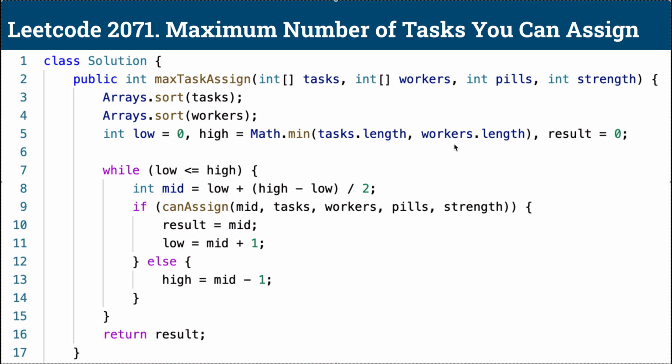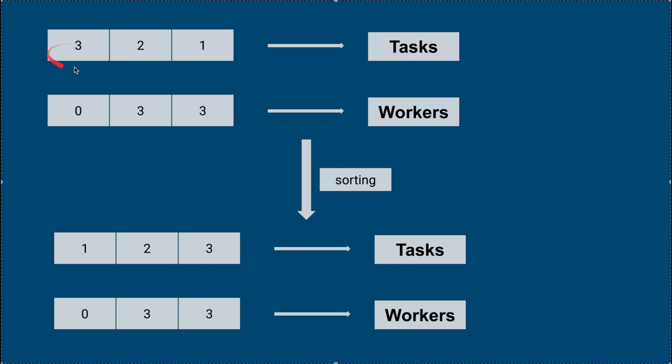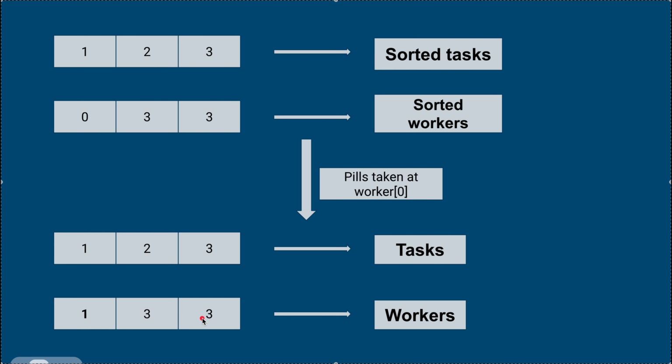So for each midpoint k, we'll check if it is possible to assign k tasks or not. So that we will understand further. We have 3 2 1 as the tasks, then we have 0 3 3 as the workers. Once we do the sorting, we'll get the sorted tasks as 1 2 3, and the workers will be 0 3 3, it will remain the same.